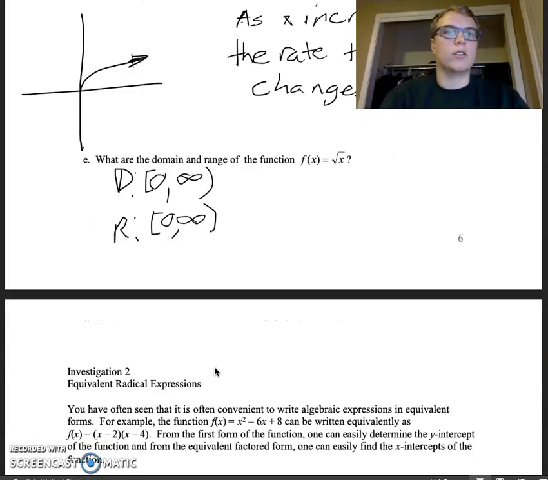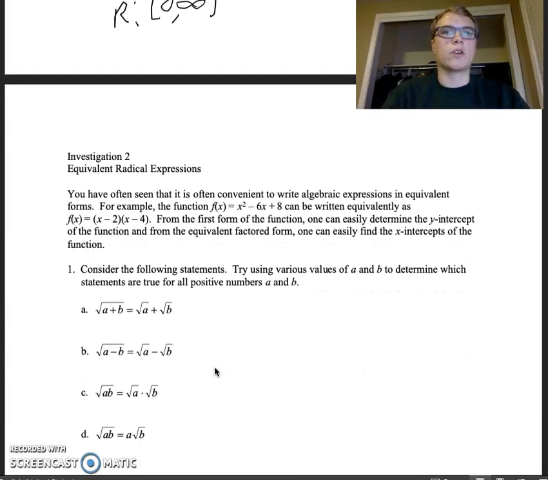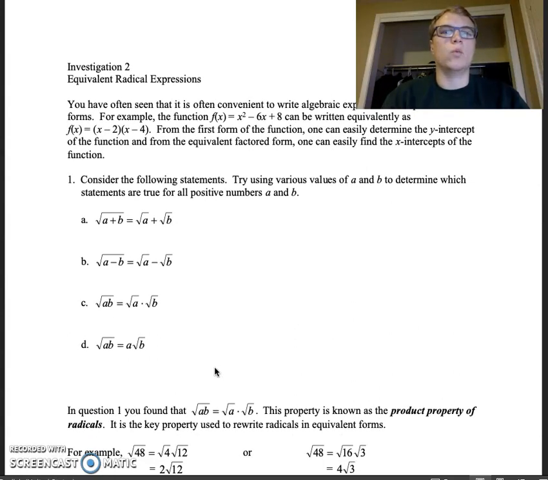Okay, for those of us who were here on Wednesday, those who didn't go on the college trips, we went over this investigation at the end of class. So I'm going to fill this out, and I'm going to have you pause it and try to fill it out yourselves as well. Then I'll show you the answers.